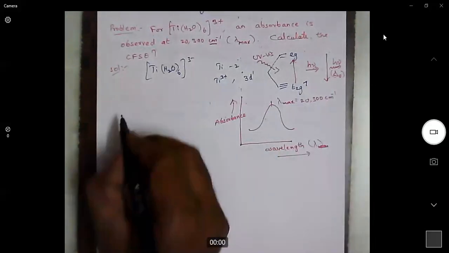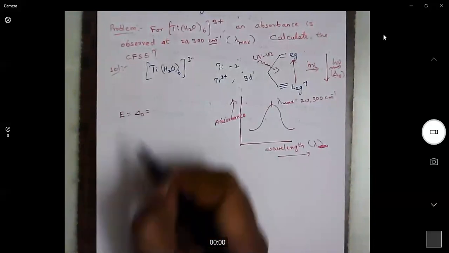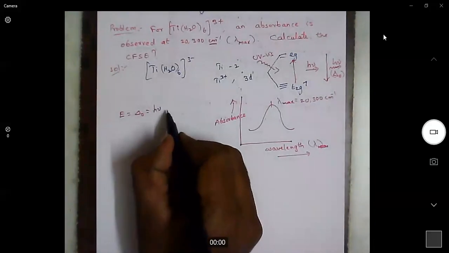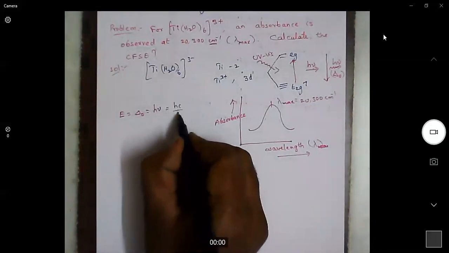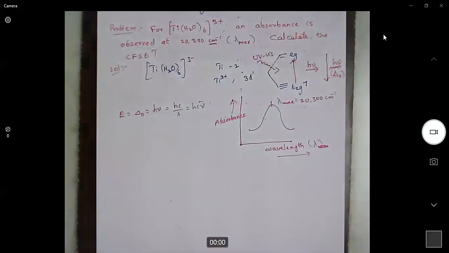Of course, we can calculate the energy difference between the t2g level and eg level using Planck's law, E equal to h nu or hc by lambda or hc nu bar.